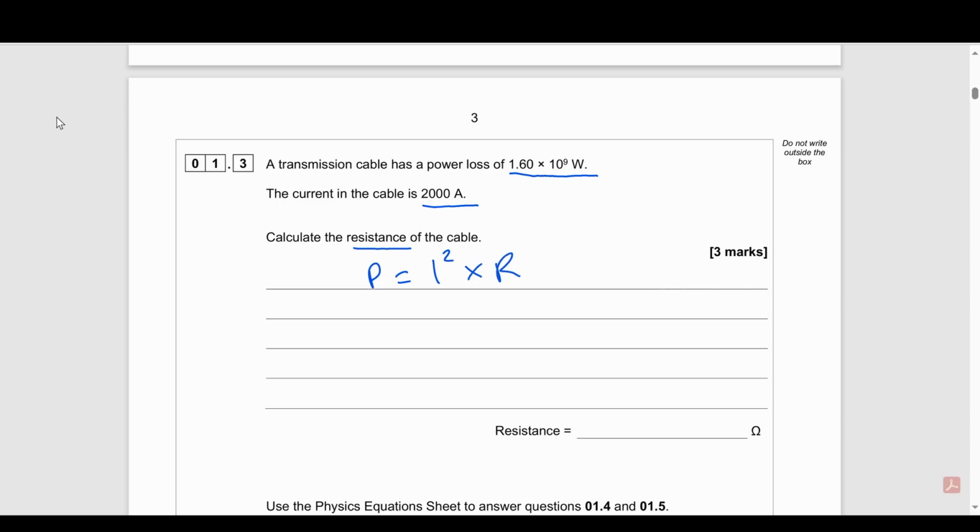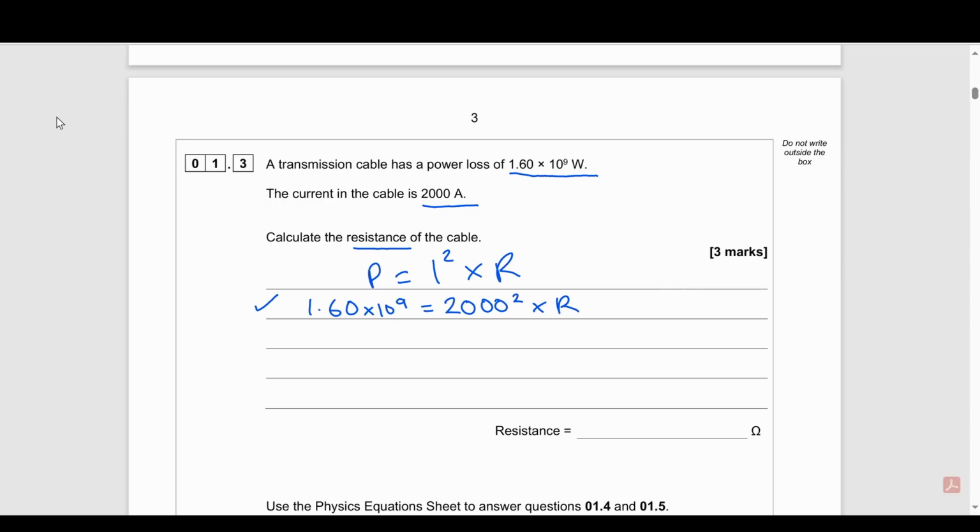In this question then, what are we given? We're given the power, so we should be plugging that into our equation. And we're given the current, so we should plug that into our equation also. And this now will guarantee us a mark, even if we rearrange incorrectly, because we have put the numbers in the equation in the correct way.